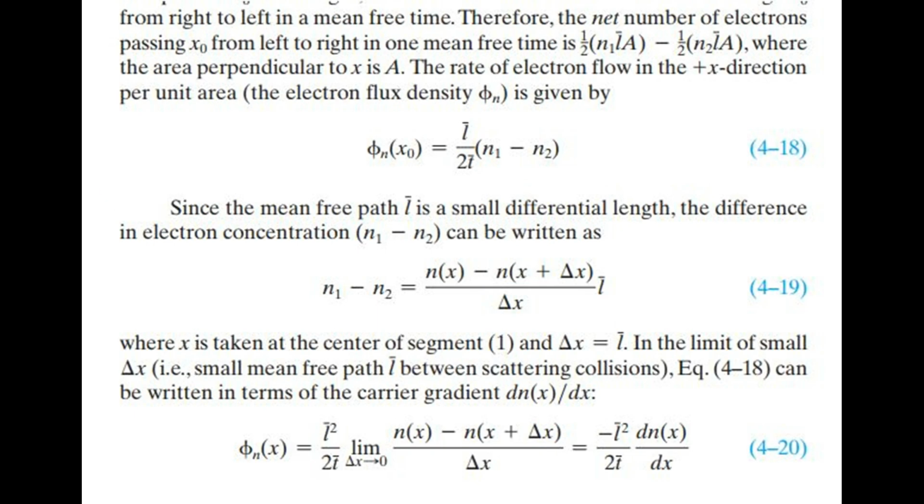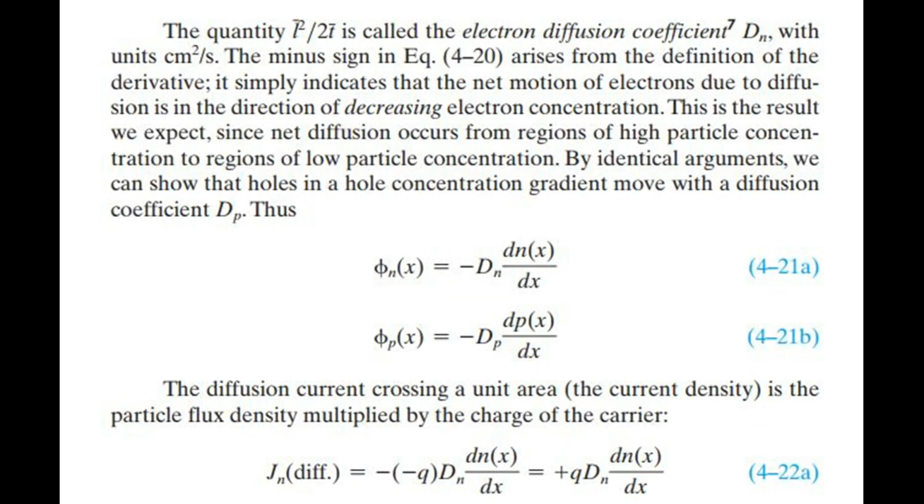Since the mean free path L is a small differential length, the difference in electron concentration, n1 minus n2, can be written as shown, where x is taken at the center of segment 1, and x equals L. In the limit of small L, i.e., small mean free path between scattering collisions, Eq. 4-18 can be written in terms of the carrier gradient dn(x)/dx. The quantity L²/2t is called the electron diffusion coefficient D_n, with units of centimeters squared per second.